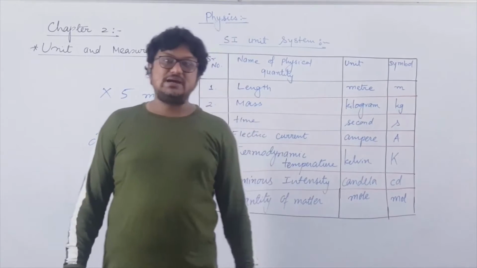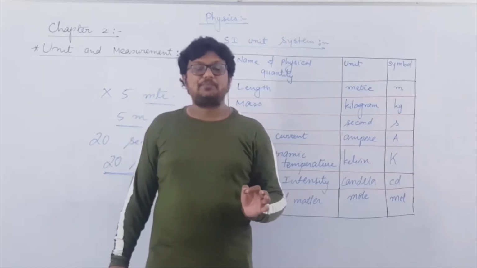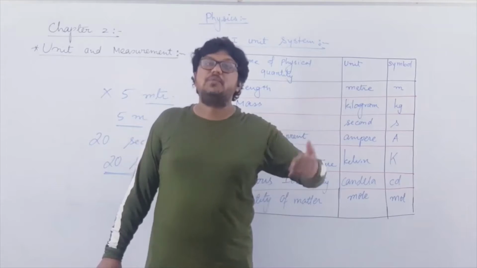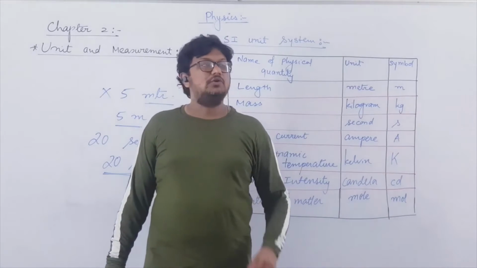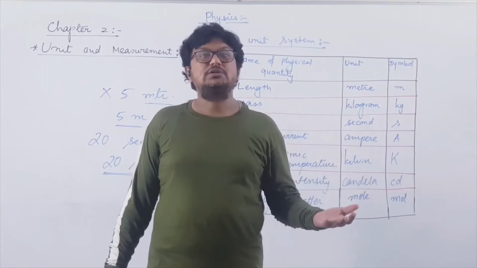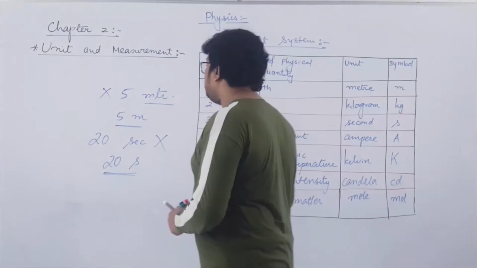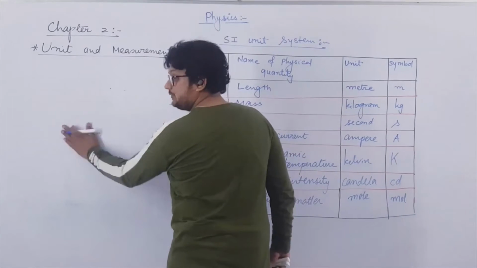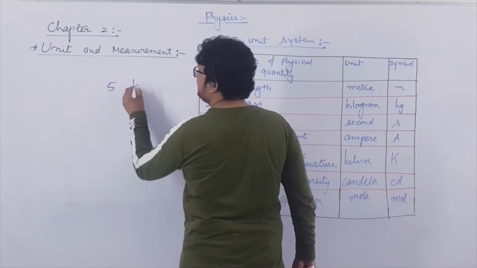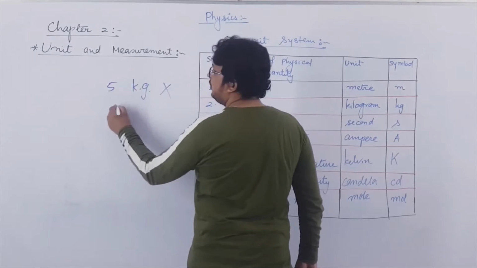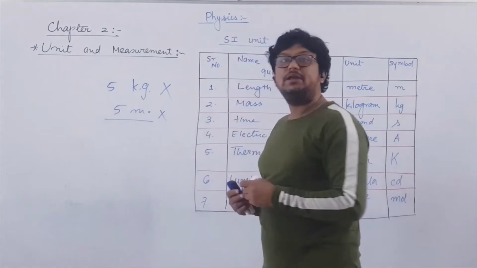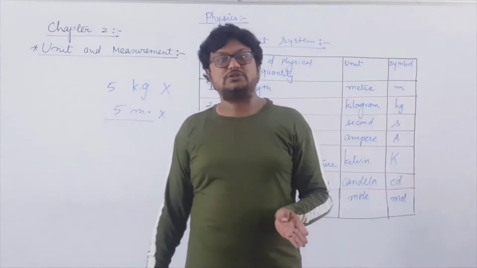The second one is that there should not be any full stop in between or at the end of the symbol of a given unit. Say for example, if you want to write 5 kg, then 5 k dot g is incorrect, or 5 m with a full stop is incorrect.